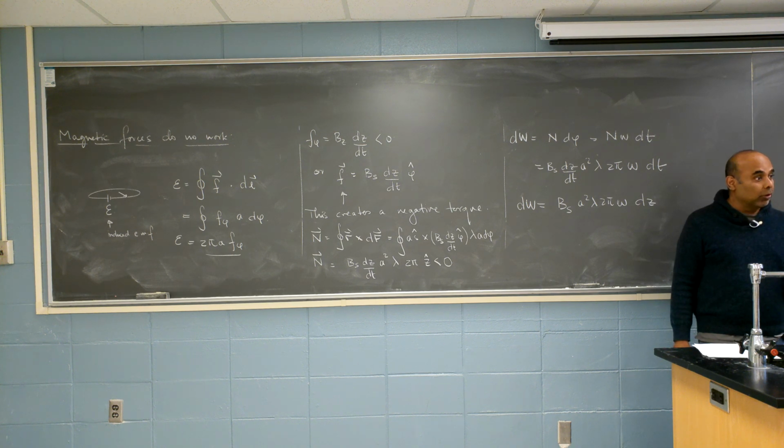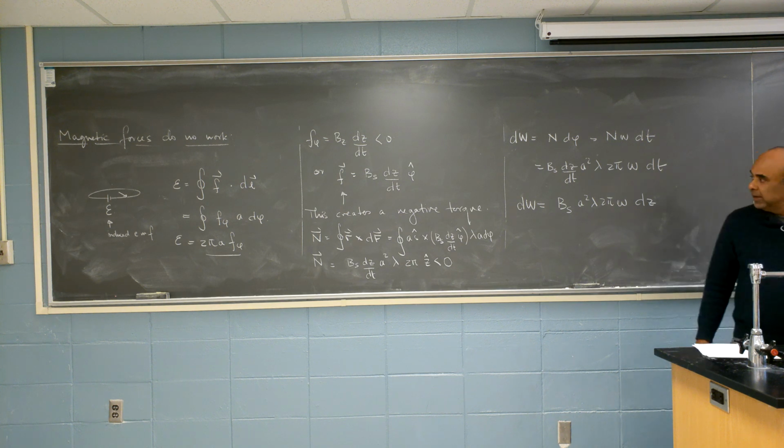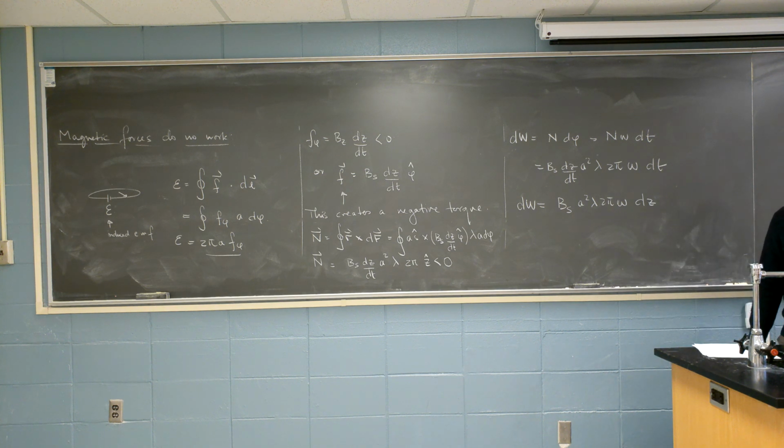This torque reduces the rotational energy of the car, modeled as a loop, mind you. And in doing so, the work done by the torque is precisely the work done in lifting the car up. So there is some amount of balance here.